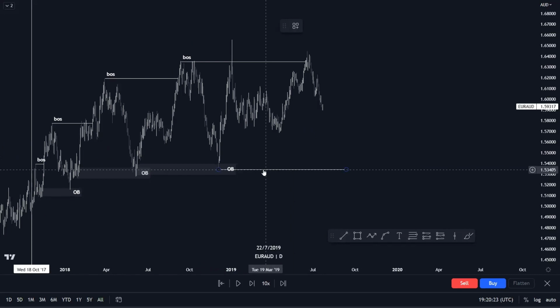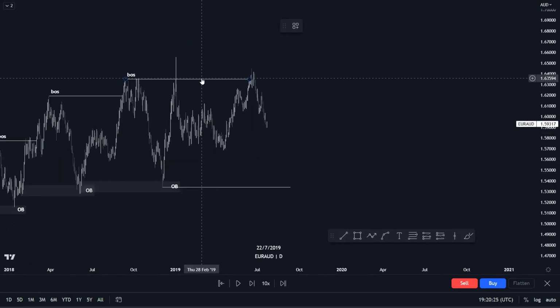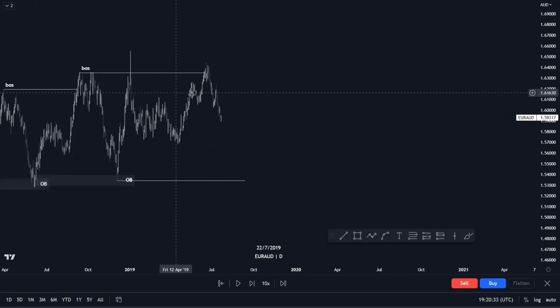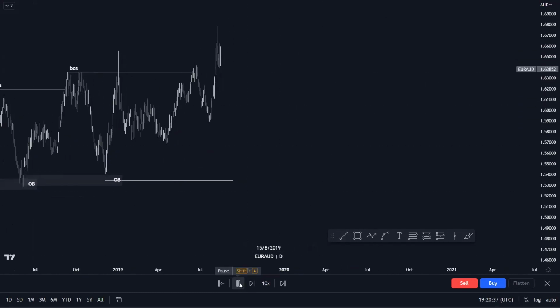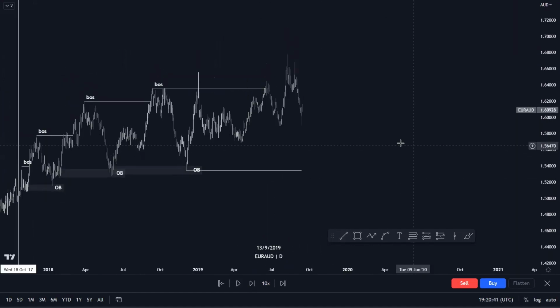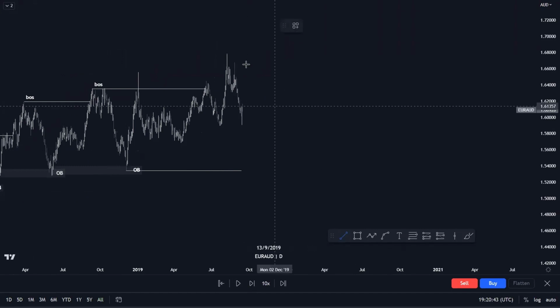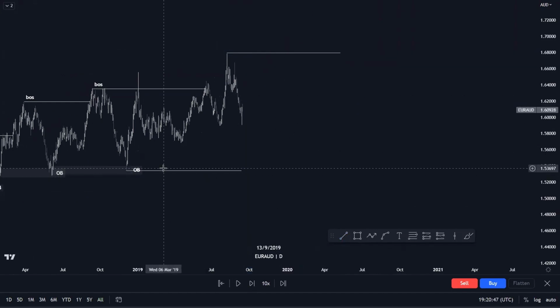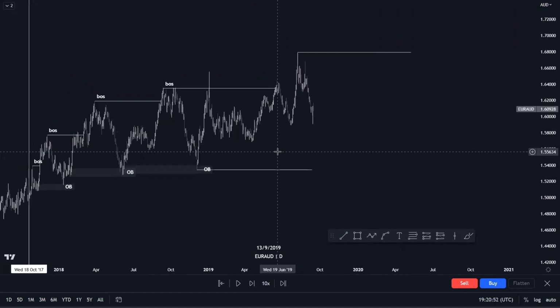And now we have our new weak high here. Wait, let's do this. So eventually now we get our new weak high and our new strong low here.